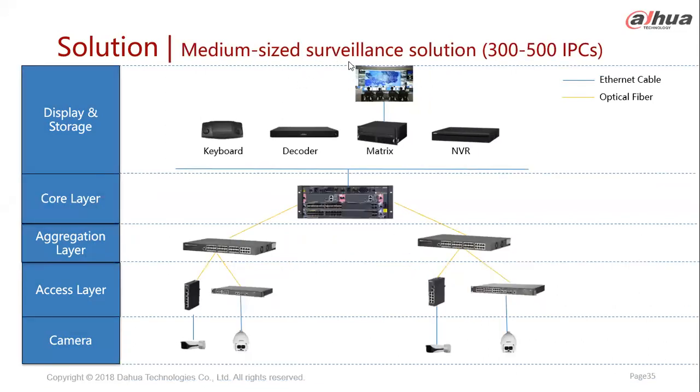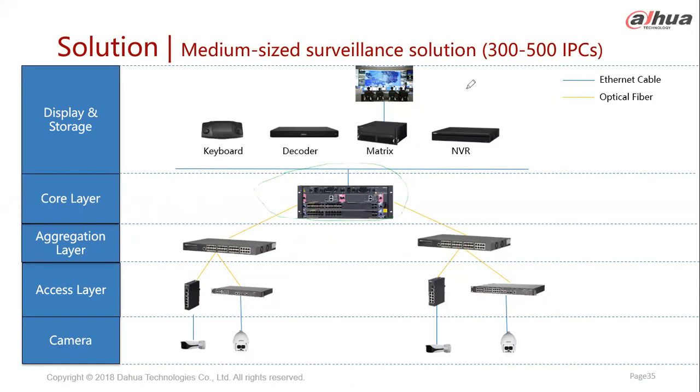For a medium-sized surveillance solution with 300 to 500 IPCs, you can have additional core switches that will enhance the performance of the network. You can see we have core switches at this point.